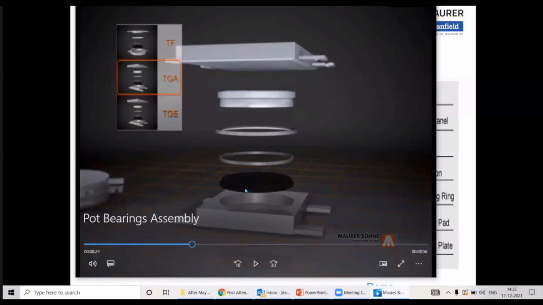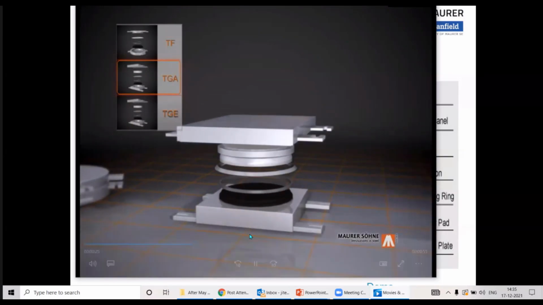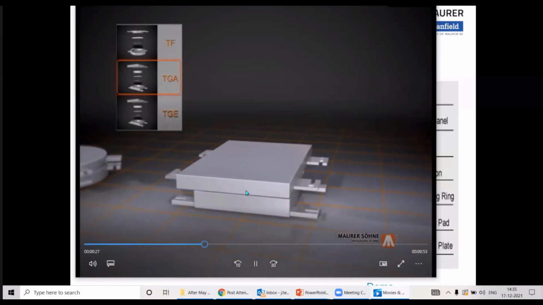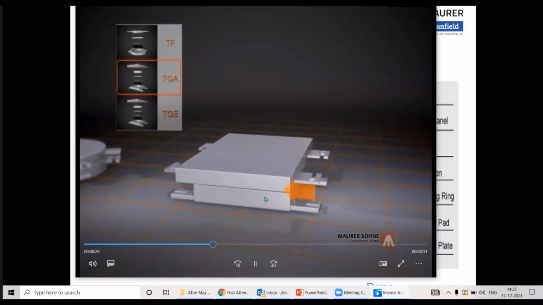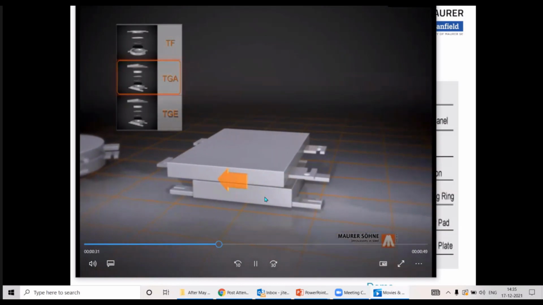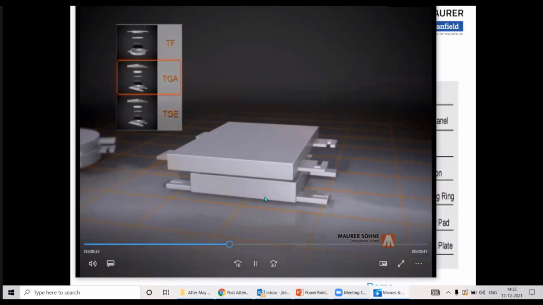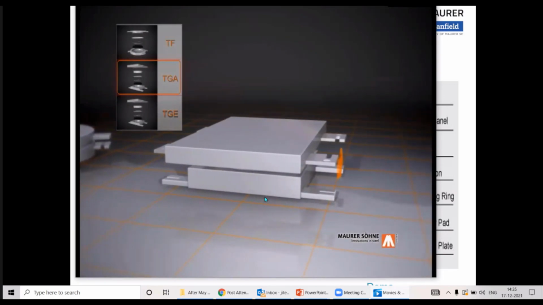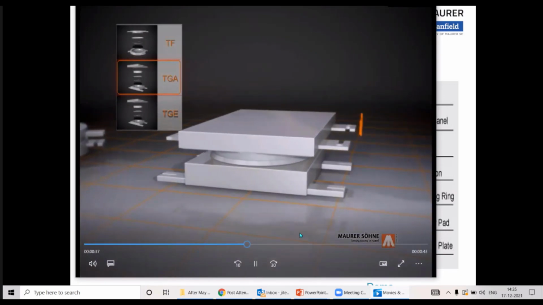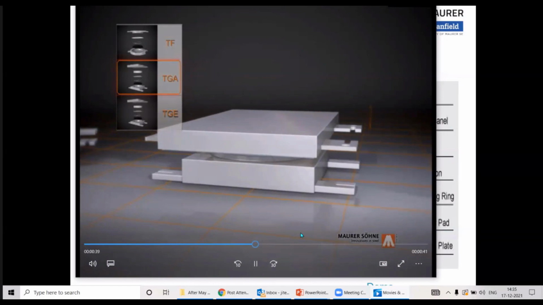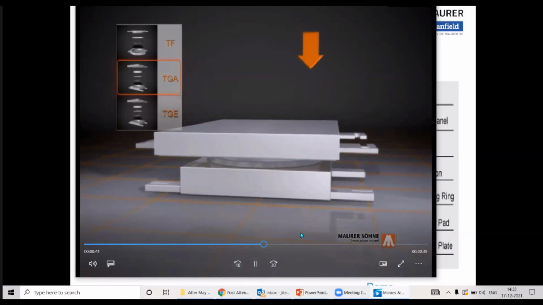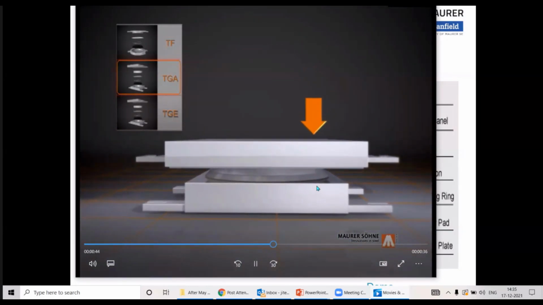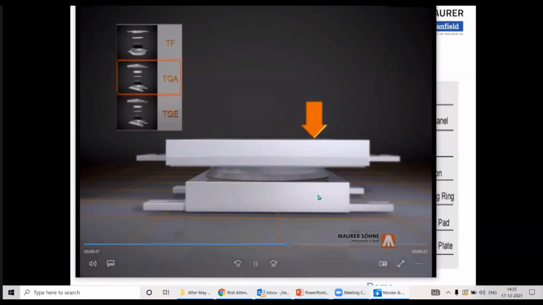So in addition to satisfying the rotation, which is by virtue of the elastomer disc, this particular bearing is also able to provide free movement or translation in both longitudinal and transverse directions. So the bearing takes the movement and the bearing also takes the rotation because the elastomer disc is there inside.